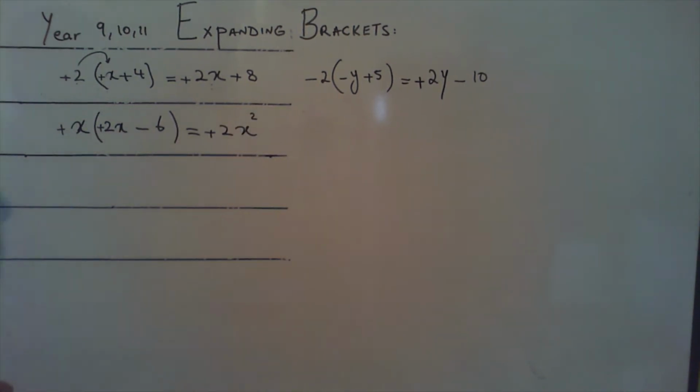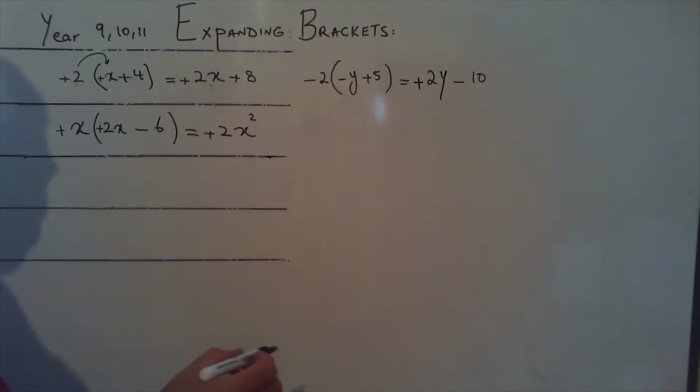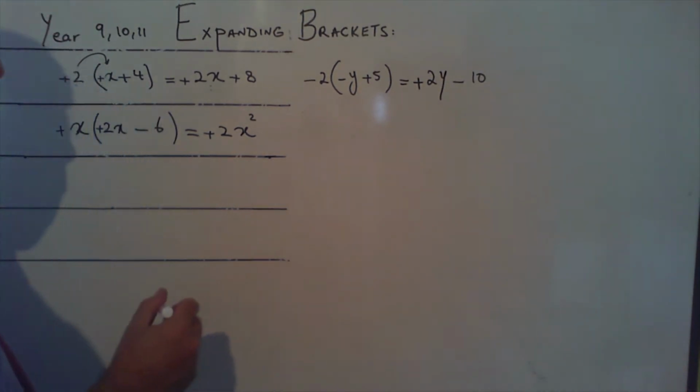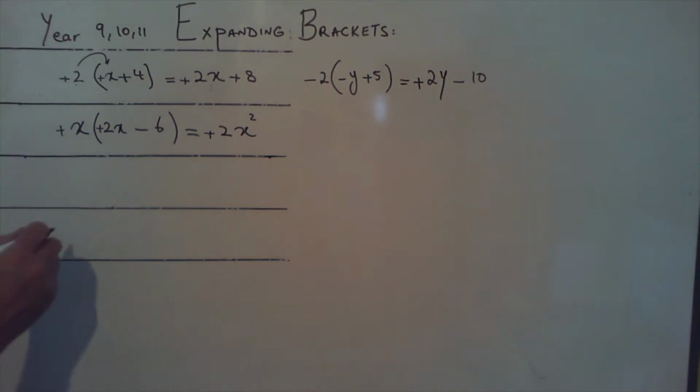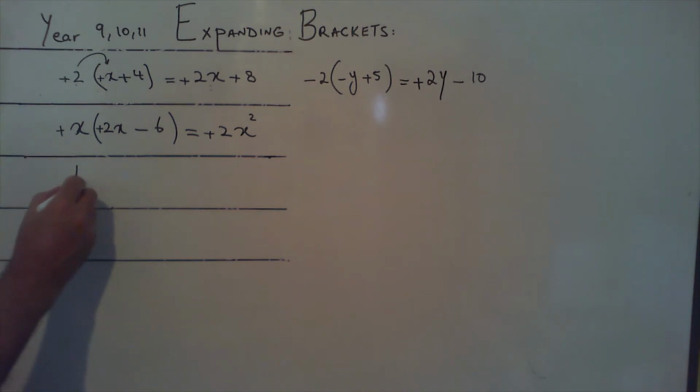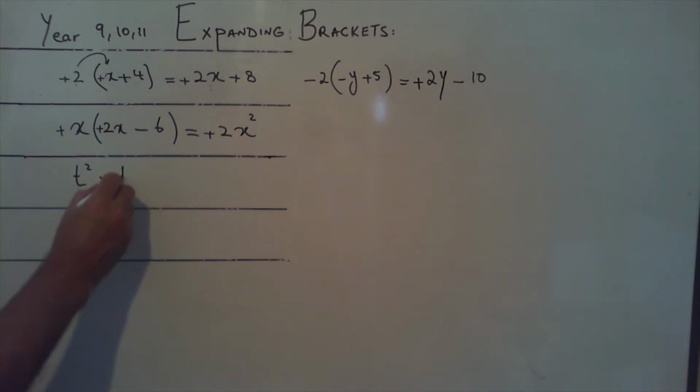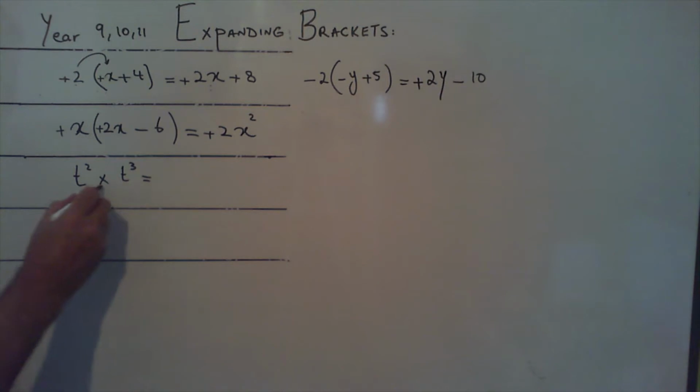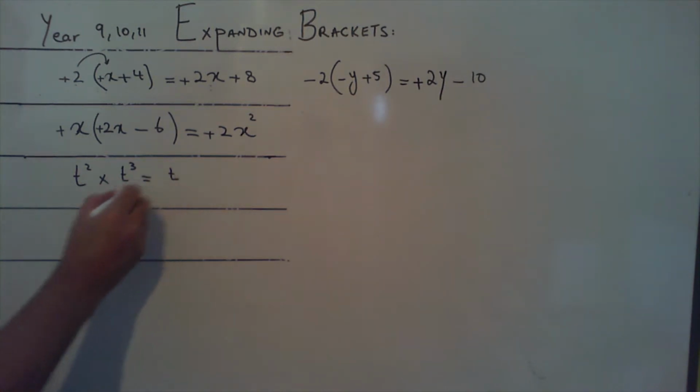I hope, especially the year 9 ones, know that when multiplying terms with powers, like t to the power of 3, if it's a multiplication, we write the base and add the powers.